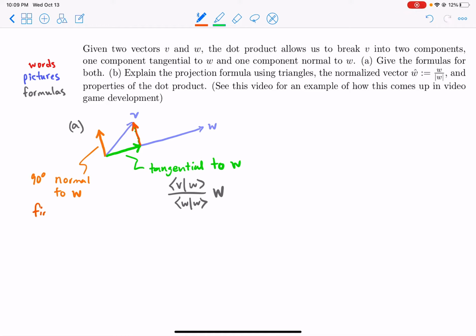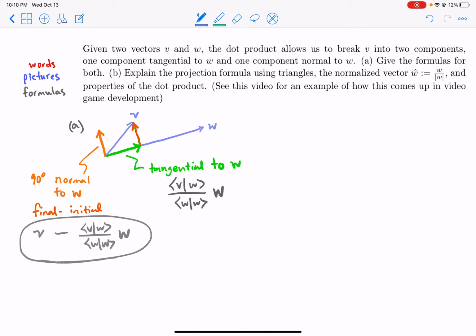So its formula is v minus the green. It starts there and it's ending at v, so it's v minus that. Okay. So the subtraction of two vectors. In fact, it's a linear combination of two vectors. Okay, that's it.